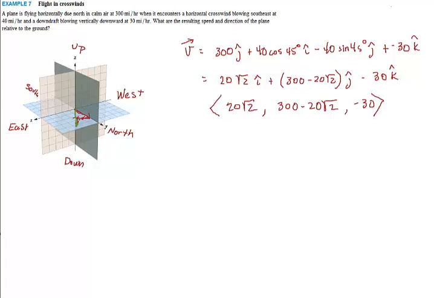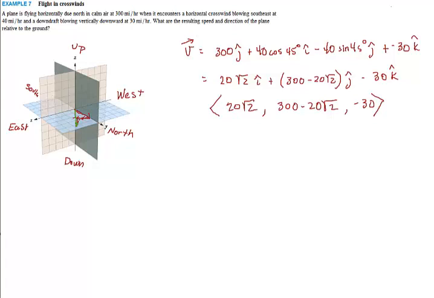Now I need to get the speed and the direction. You really can't do the direction other than to say that it's kind of still going to be in that northeast direction that the resultant is going to be. In the next section we'll figure out how to do the real exact direction, but we can get that speed.